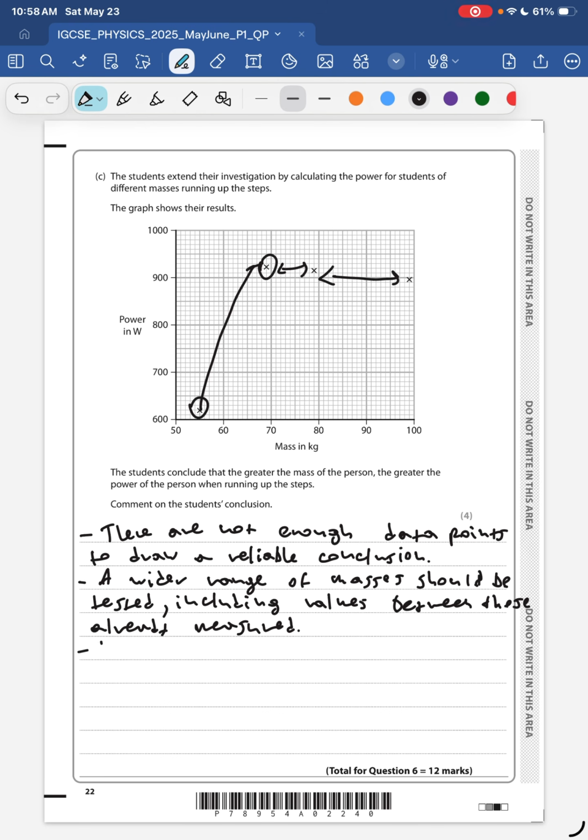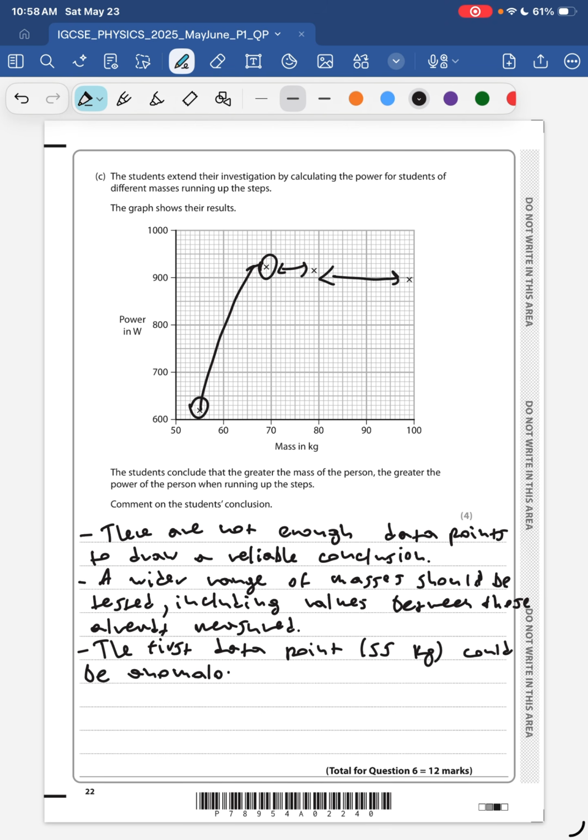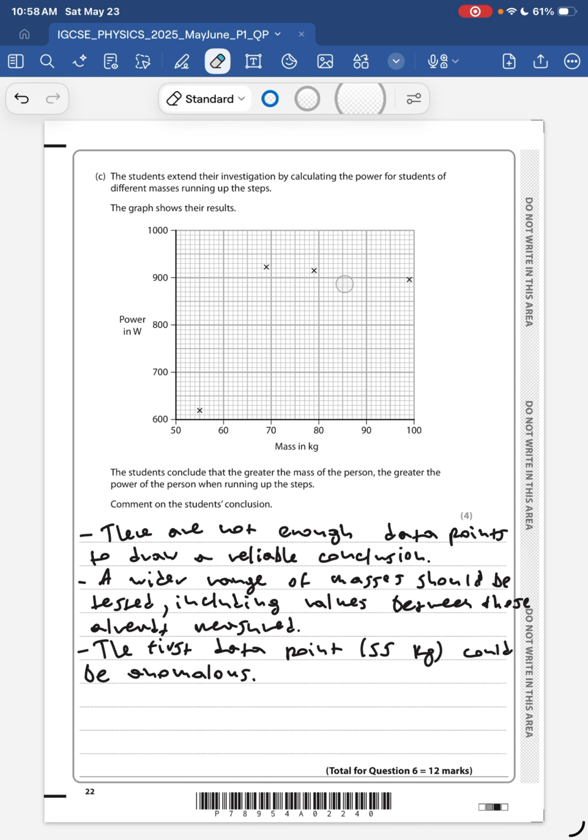The first data point at 55 kilograms, as we just said, could be anomalous because there's a very wide jump. We go from 600, what is that, 620 maybe watts, to 920 watts. So it's a wide jump. Okay, so not a reliable point.